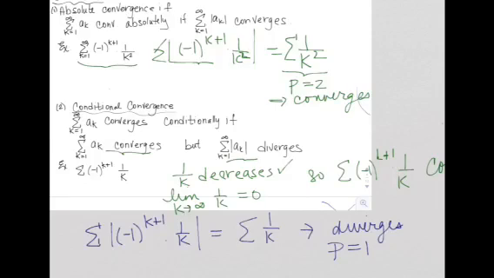It's a p series with p equal to 1. So when you take the absolute value of that series, it diverges, but when you look at the original alternating series, it converges. That's called converging conditionally.